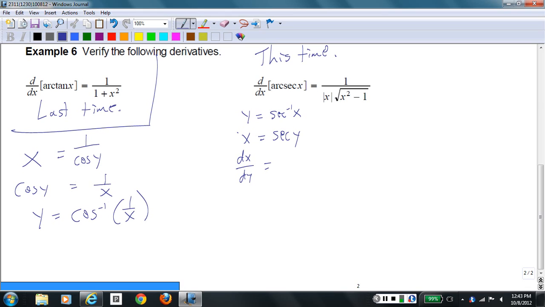So the derivative with respect to y of secant y would be secant y tangent y. So I don't know why I had to think about it in terms of x, because there's no chain rule going on here. It's just secant y tangent y. Now, we need dy/dx. So dy/dx is the reciprocal of that. dy/dx equals 1 over secant y tangent y.